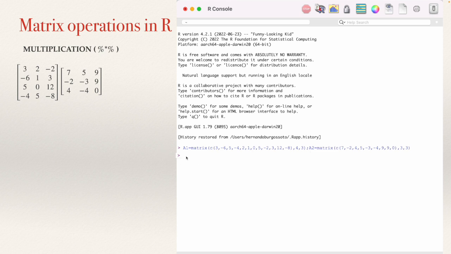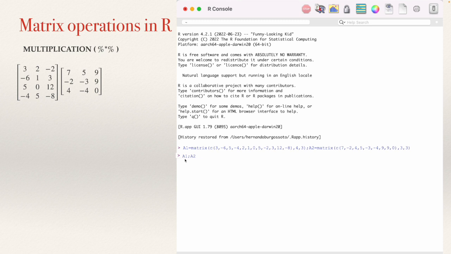But before making the multiplication, I would like to see if I typed the two matrices well. If you want to see the matrices, actually, how they are, you can type A1 and a semicolon between the two matrices, A1, A2. The same as you do when you enter the two matrices, you separate them with the semicolon.